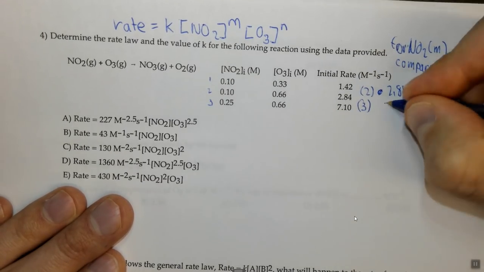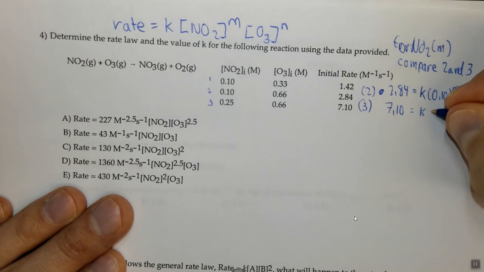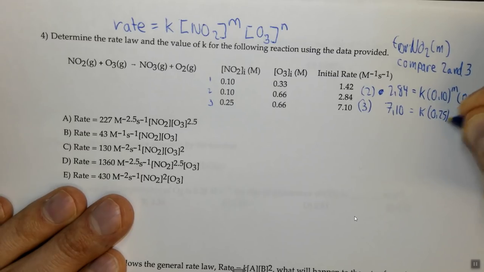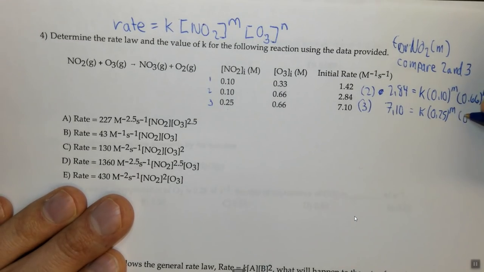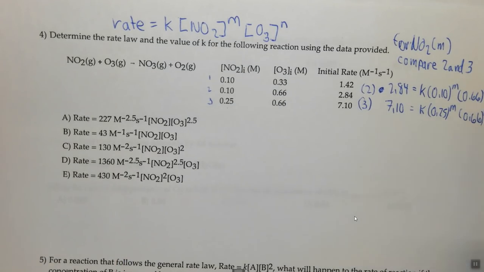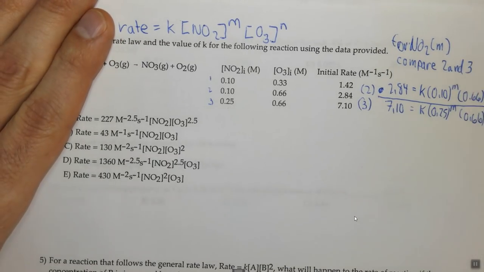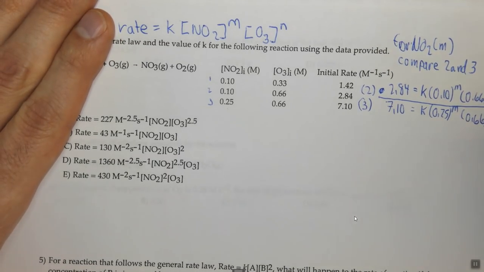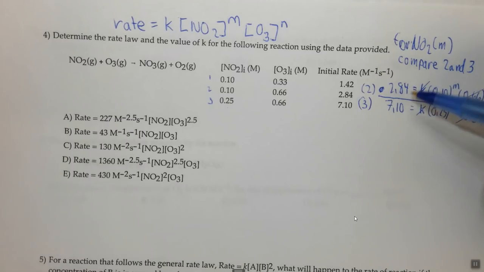This time it's 7.10 equals K, 0.25 this time to the M, and 0.66 to the N. Now, in order to simplify the variables, I want to divide these. What cancels out? K cancels out, and 0.66 to the N cancels out.